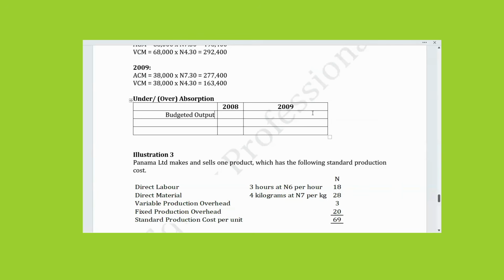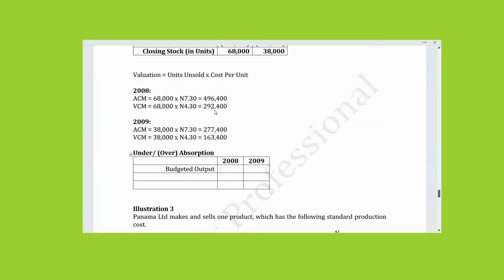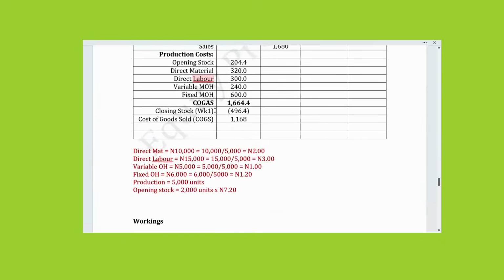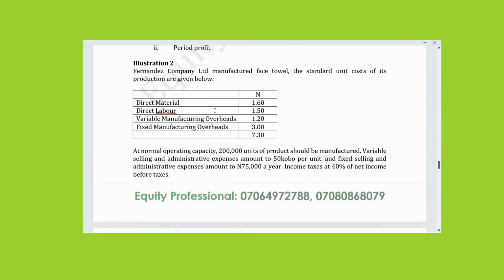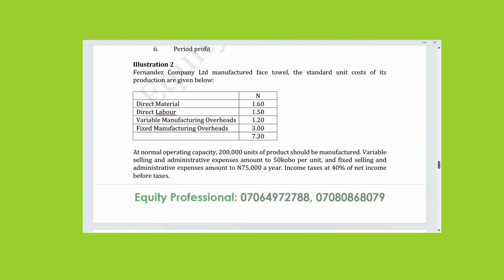In 2008, how many units were budgeted for? Let's go back. According to the question, we are told that at normal operating capacity, 200,000 units of products should be manufactured. That's the planned estimate. This is the budgeted output.